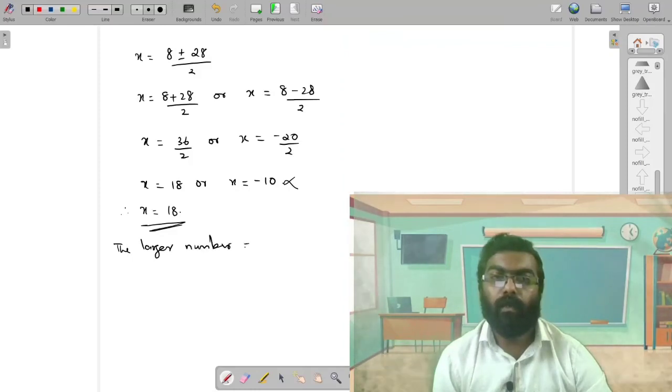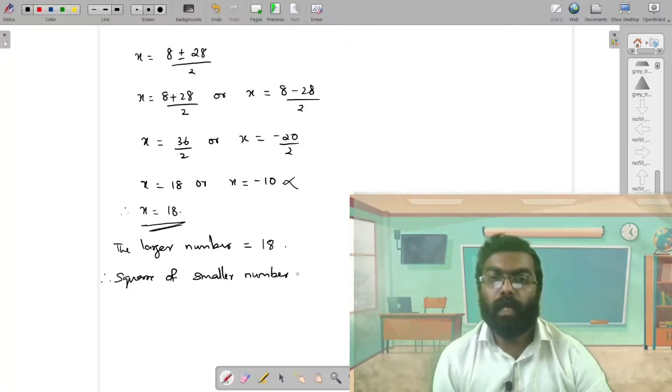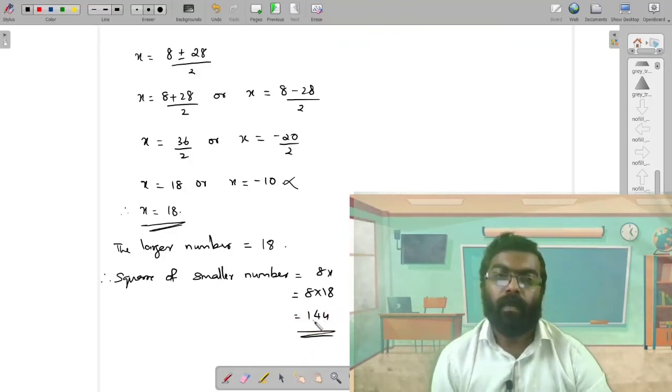is equal to 18, and we can write the square of the smaller number is equal to 8 times the larger number, so 8x, which is equal to 8 into 18, that is 144. This is the square of the smaller number. 144 is the square of the smaller number, and on taking the square root we can find the smaller number.